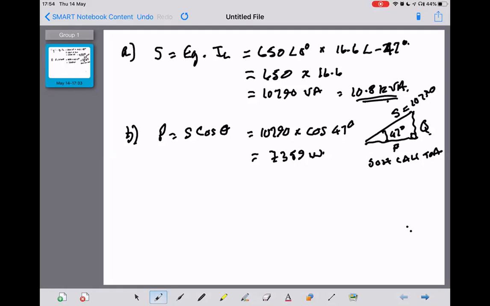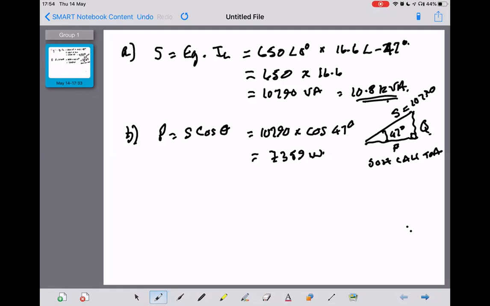I got 7358 watts. That's kind of a strange way to go about it, but if you got the right answer in the exam, you get all the marks in that instance, because you're not being asked to do any particular method, just being asked to find it.